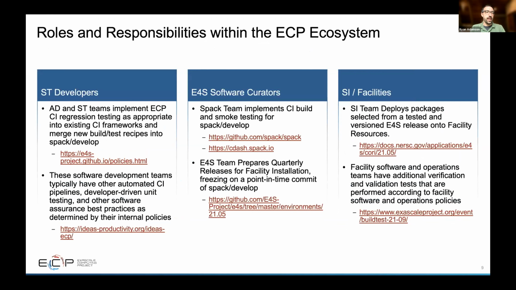And so I step back and I think about the different roles because the ECP software ecosystem is so large. You have to have roles and delineations of responsibility in order to really map scope, right? And so again, on the left-hand side, we have ST development, and they're doing development with best practices in mind.